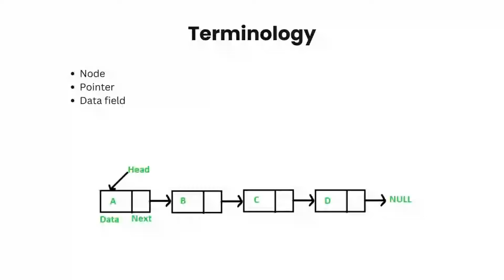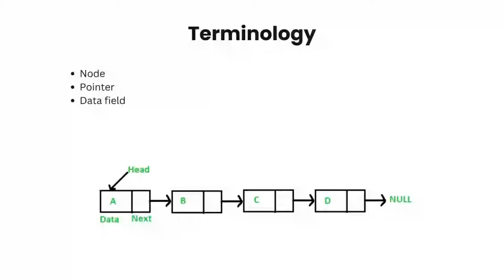Alright. The next thing is the data field. Ultimately we want to store some data inside of the linked list. The first column that is storing value A is nothing but the data field. So if we summarize this quickly, we can say in a linked list there are nodes, and every single node should have at least two pieces of information.